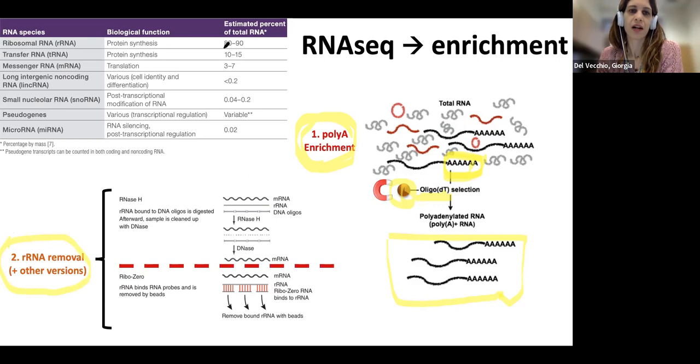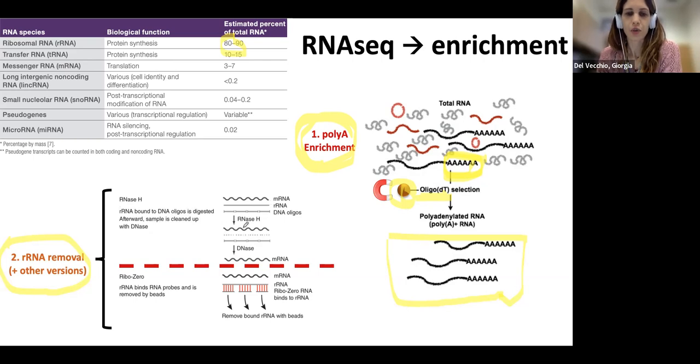Ribosomal RNA is our main contaminant if we are interested in messenger RNA, because it's 80–90%. And we have two different approaches. We can use DNA oligos that recognize the ribosomal RNA.